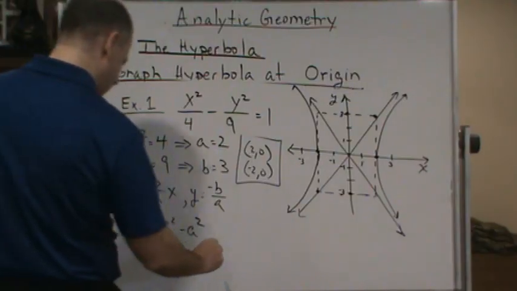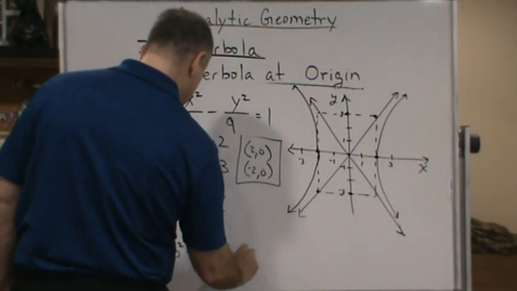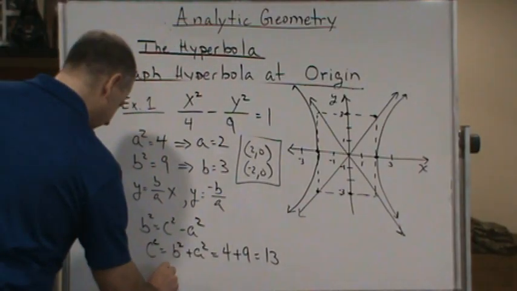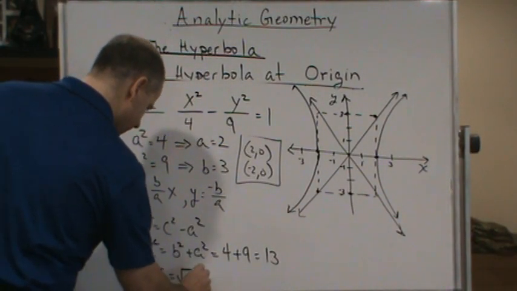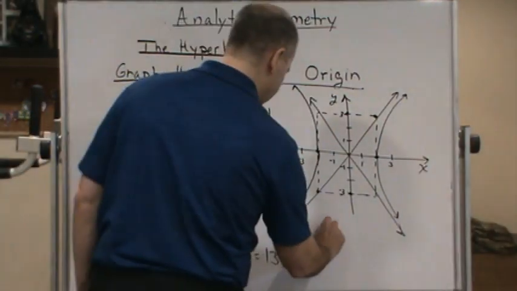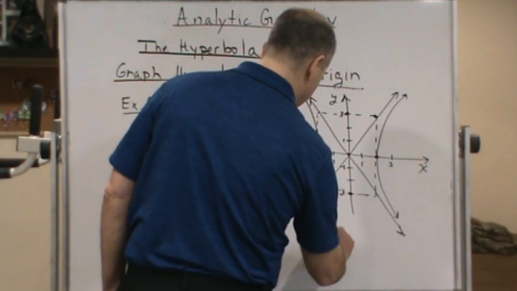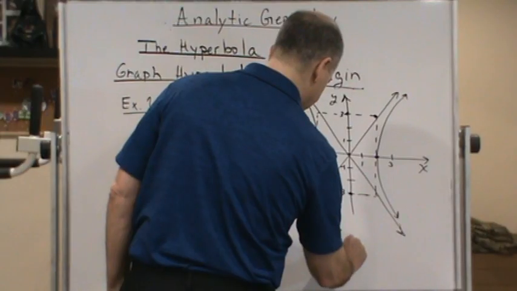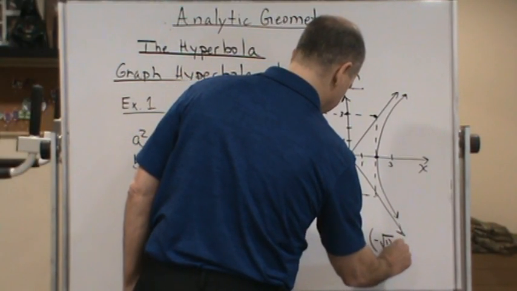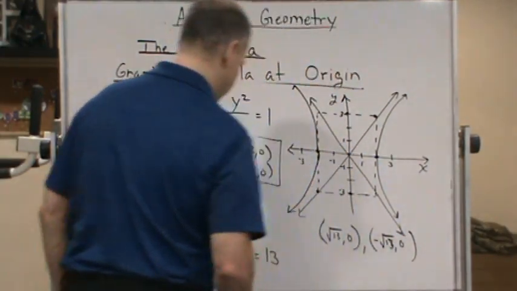And so that's going to be what? 4 plus 9, which equals 13. So C is the square root of 13. Okay? So that means our foci is going to be located at what? Square root of 13, 0, and also negative square root of 13, 0.